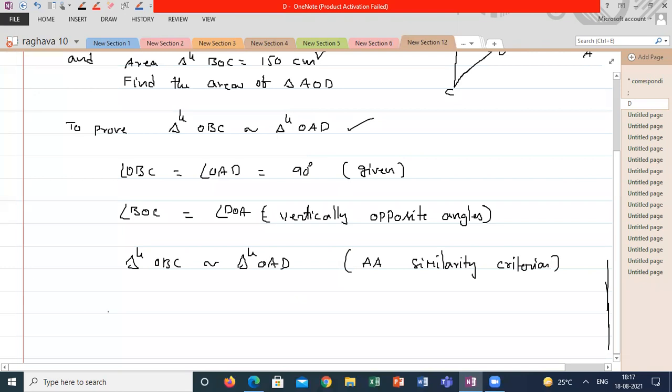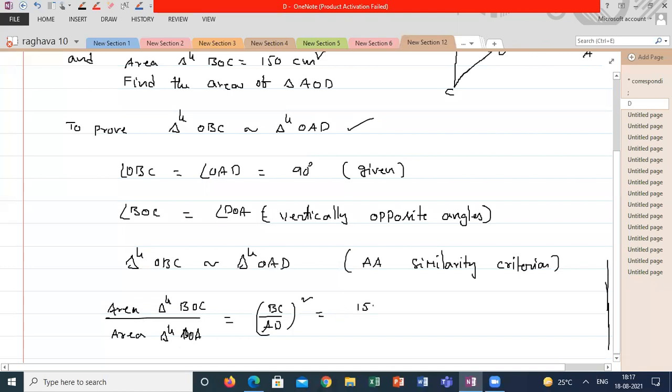So if two triangles are similar, then I can write area of triangle BOC divided by area of triangle DOA or AOD will be equal to, what are the sides we know? BC by AD whole square.